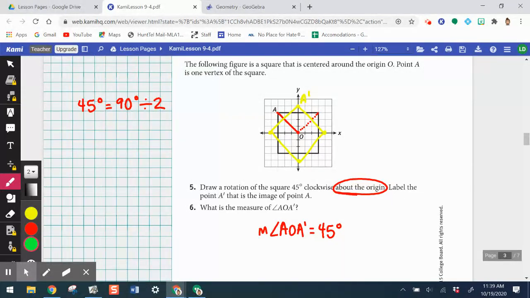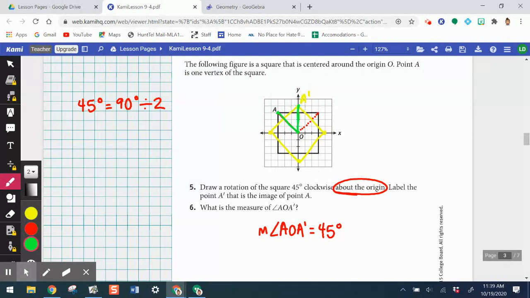So what I did with this red here was I connected A to the center of rotation, which is the origin. And then I suggested with these dots that this is actually the 90-degree rotation. So A would actually map to this vertex if it was a 90-degree rotation. Well, if 45 degrees is half of 90, then when I connect A to the origin, half is right here.